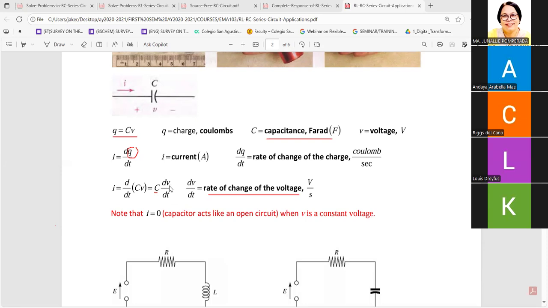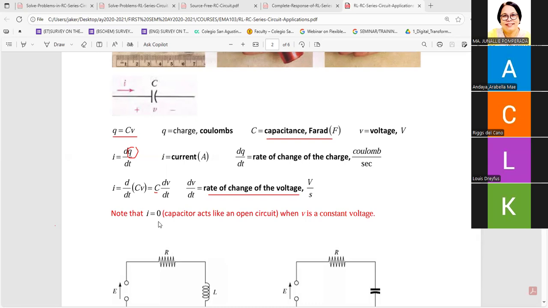There has to be a change in the voltage for current to have a value. If there is no change in the voltage, then the current will be zero as well. So there are two instances when current in the circuit will be zero: when your capacitor acts like an open circuit, and when the voltage is constant.